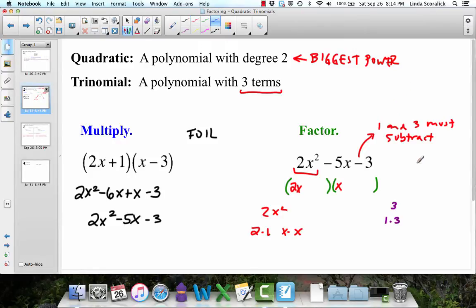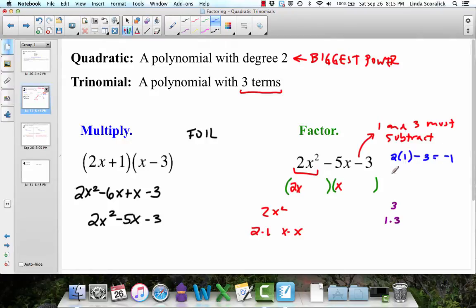So what I want to do is either mentally check or write down and check how they would interact with the 2 to subtract and give me negative 5. So let's try multiplying 2 times a positive 1 and then subtracting 3. Well, that's going to give me negative 1, and that's not what I want.